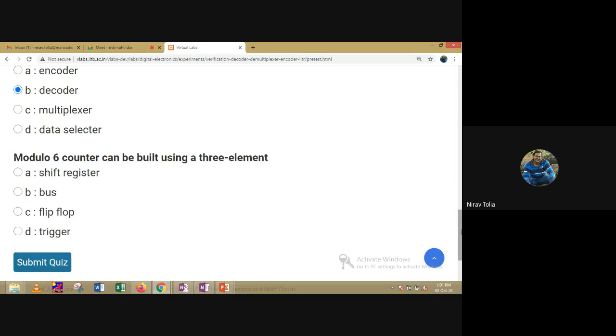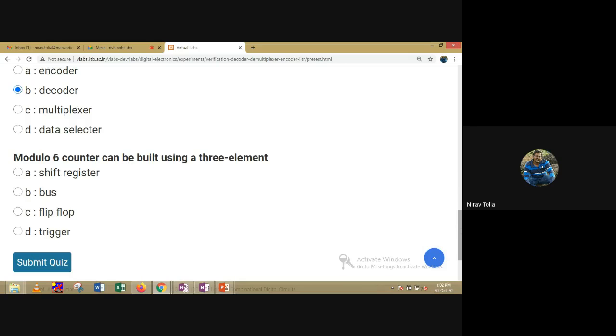Modulo 6 counters can be built using 3 elements: shift register, bus, flip flop, and trigger. But see, the counters and all the other things, shift register, bus, flip flop, and trigger, are not a part of this chapter.